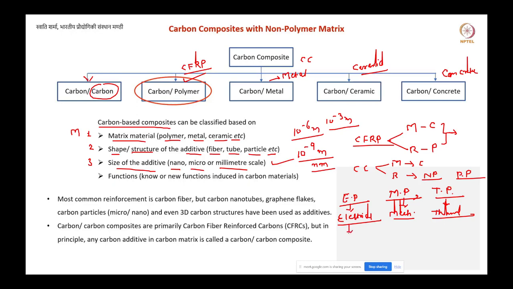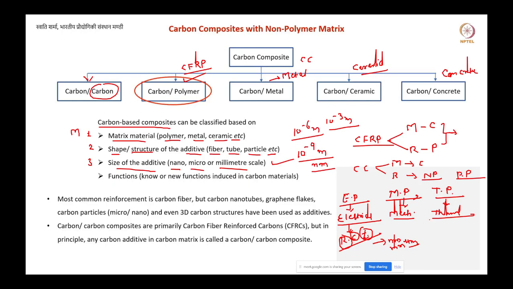So you can change the resistance, the capacitance, or the inductance, depending on the material you have. It also depends on what material you are adding, whether it is a nanomaterial, or in the millimeter or micro range. It depends on many properties of the additives that you are adding.